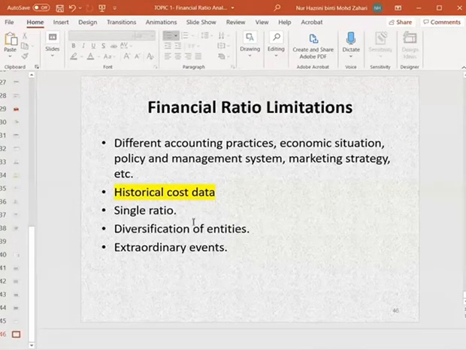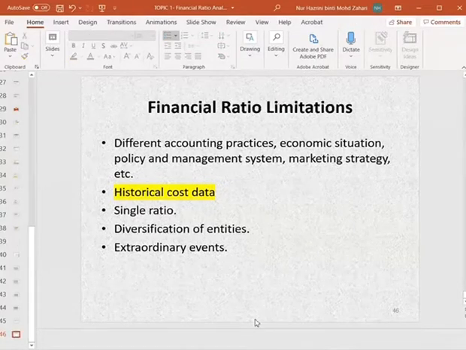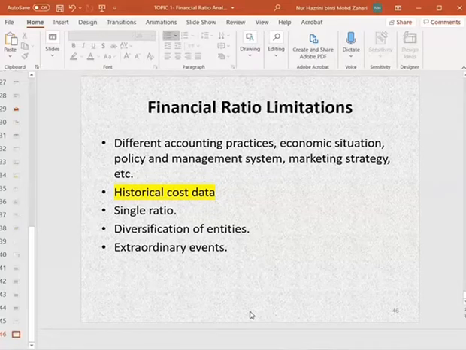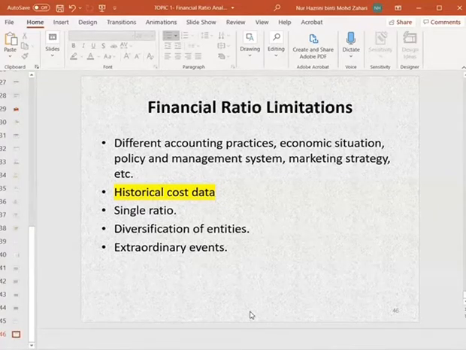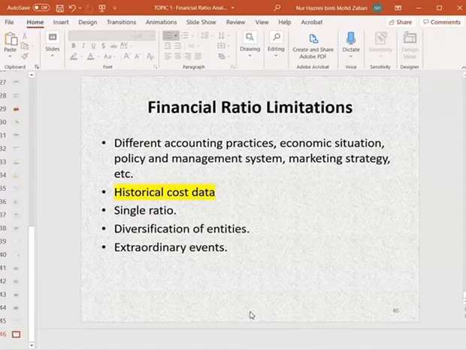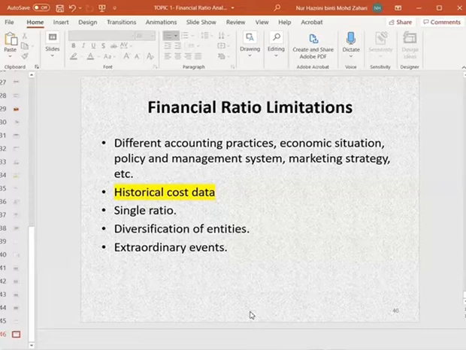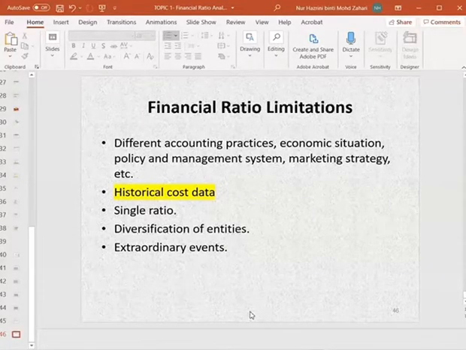So historical data, that's the one I mentioned just now, because when we use the financial statement, we are depending on whatever has already happened in the past. For example, you are analyzing the financial statement of a company in 2019. We don't have COVID-19 yet. We have COVID-19 at the end of 2019, but in 2020, everybody went into lockdown and everybody was affected.